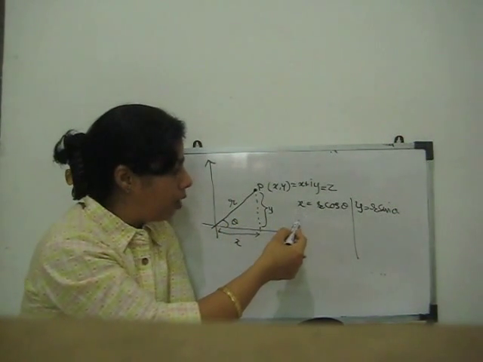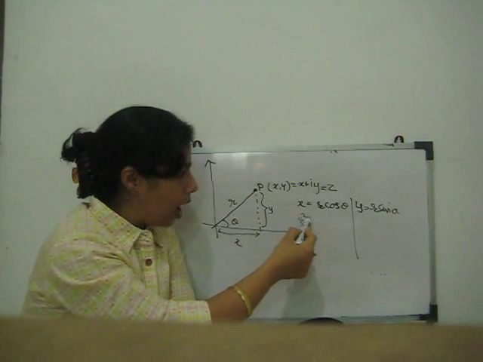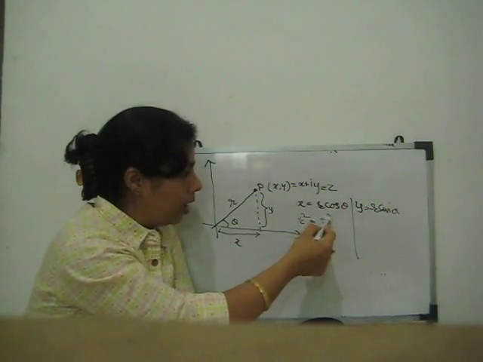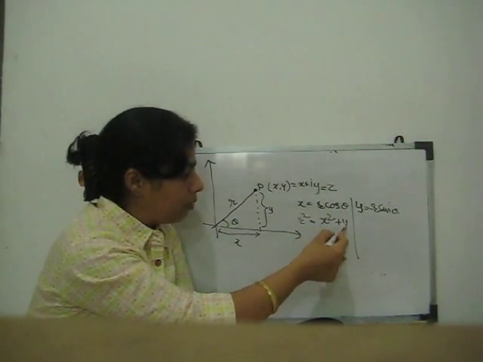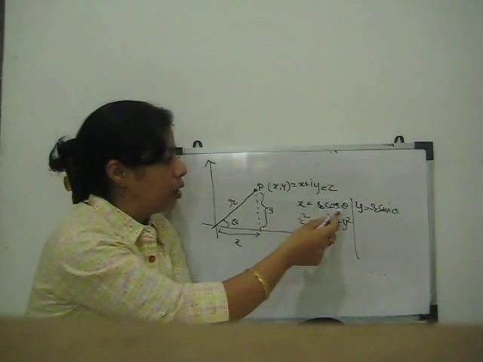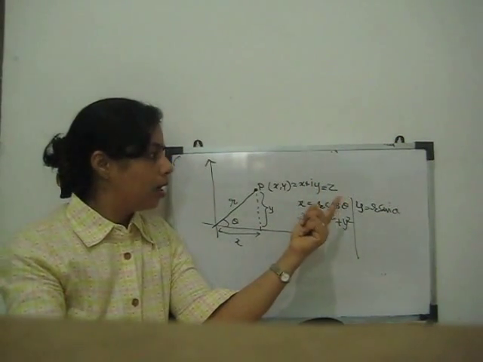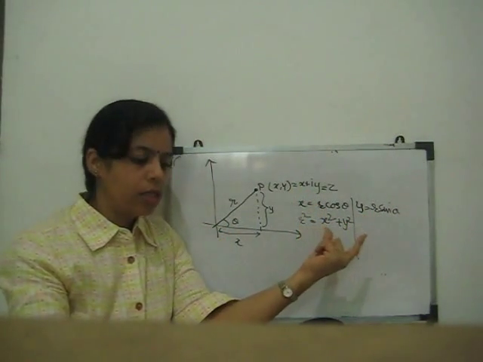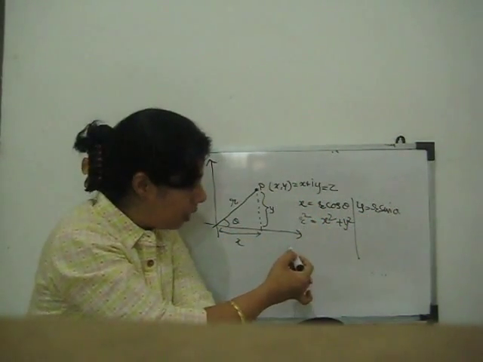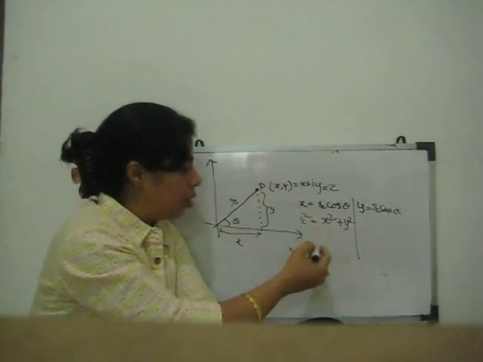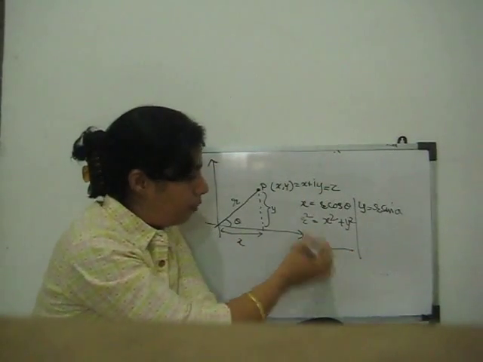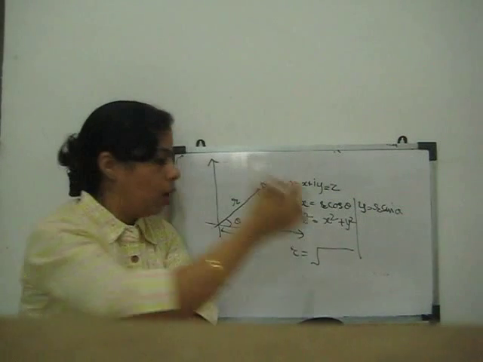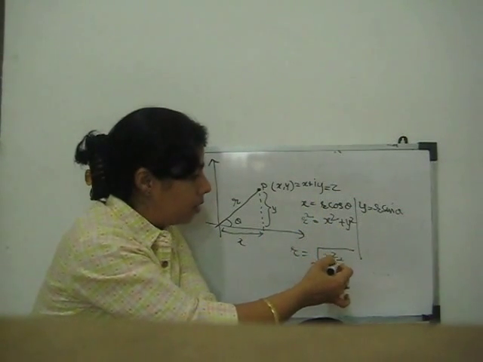Next, the modulus r square is given by x square plus y square. See here, if we square, then r square is equal to x square plus y square, since sin square plus cos square theta gives 1. Or we can say r is equal to under root of x square plus y square.